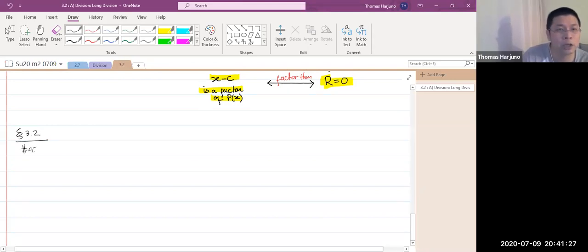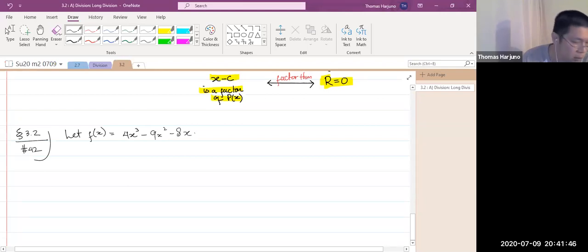It seems to be a bit harder, but it's actually not. Let f(x) equal 4x cubed minus 9x squared minus 8x minus 3.